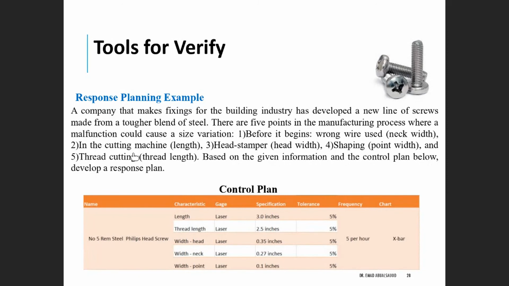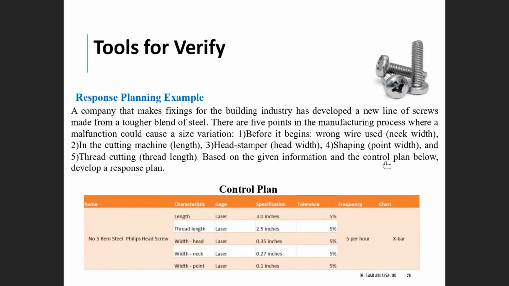So this is phase 1. The cutting machine, they refer to it as the length. The head stamper, or the head width. The 4th one is the shaping, or the point width, they call it. And the threading, or thread cutting, which makes these lines you see here. The thread length is the length and measurement of these.